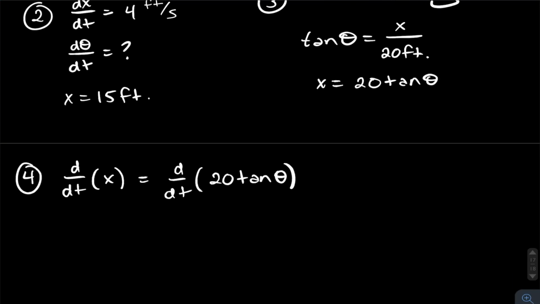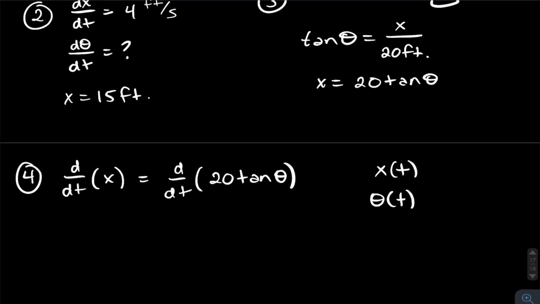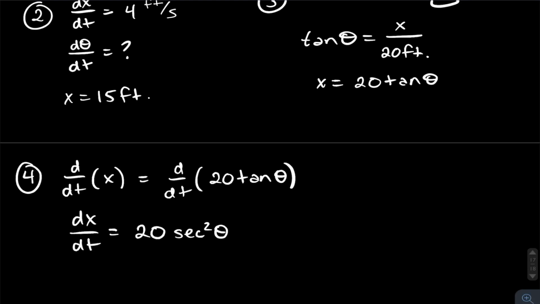Now remember, both of these are changing in time. x is changing in time, theta is changing in time. So they're both functions of time. You can write this as x of t to illustrate how x is changing in time. You can write theta of t. And so we need to take our derivatives accordingly. We get that dx dt equals 20. Derivative of tangent theta is secant squared theta. And then we need to multiply this by d theta dt.